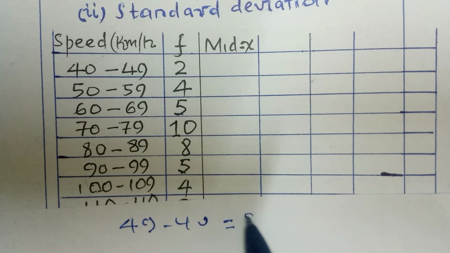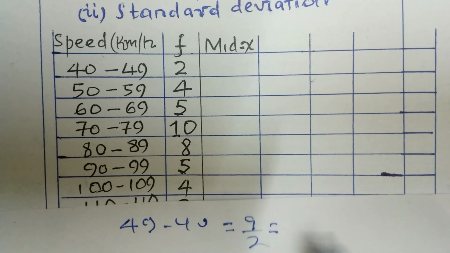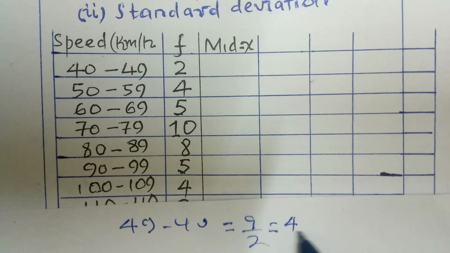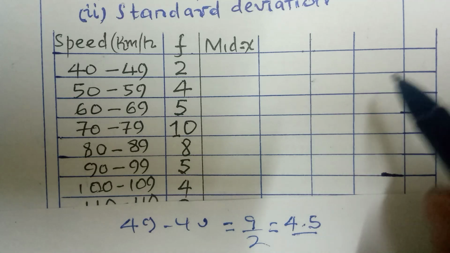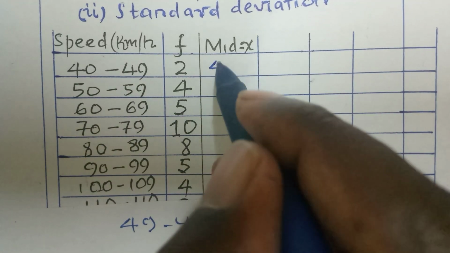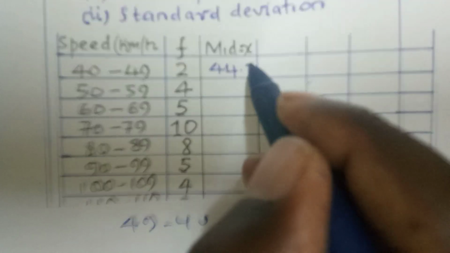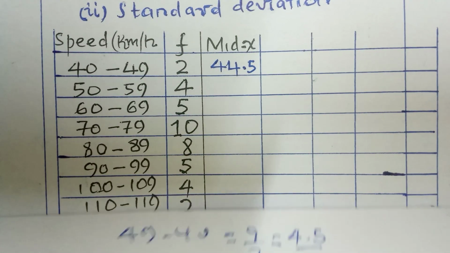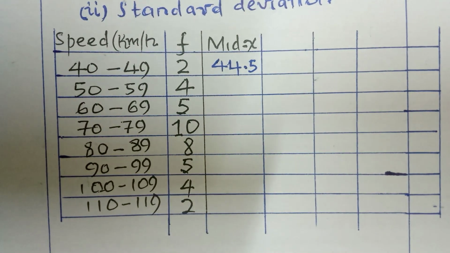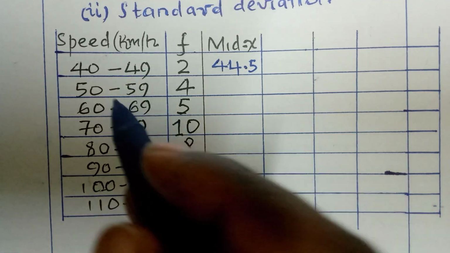This one you get 9, divide by 2 you get 4.5. Then guys, you can add now 4.5 to 40. That one you get 44.5, like that.